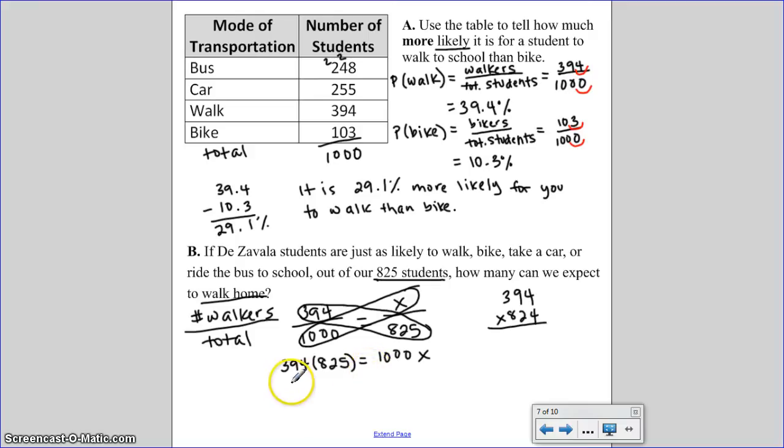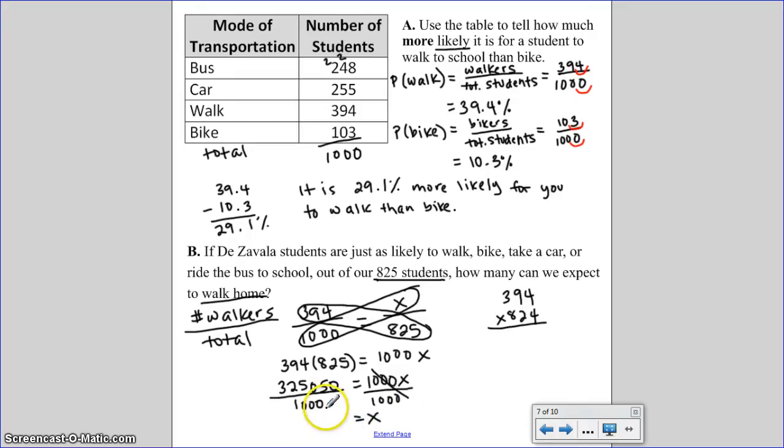Okay. So now you should have gotten 325,050 equals 1,000x. And then we know to isolate the x, we're going to do opposite operations and divide each side by 1,000. So 1,000 divided by 1,000, we're left with 1x.